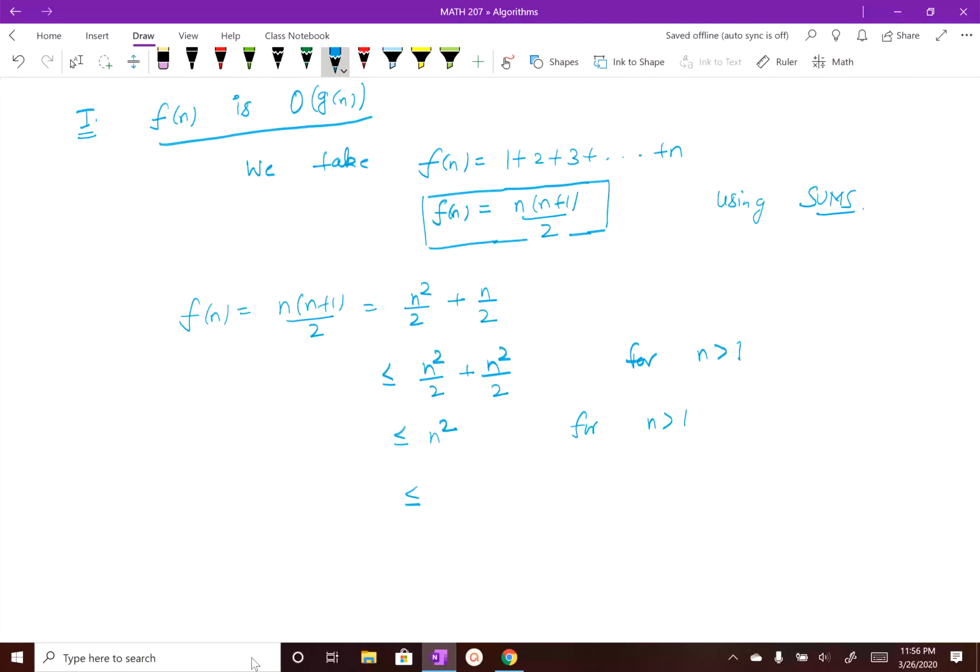So this I can choose as c times g of n for n greater than 1, where my g of n is equal to n square.